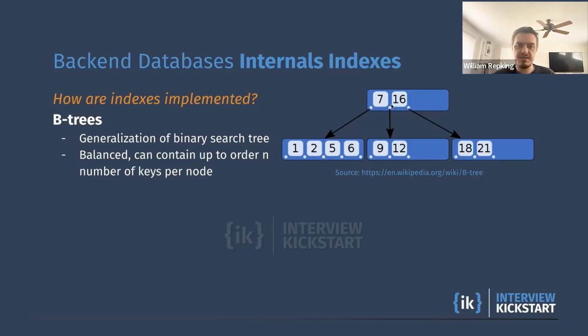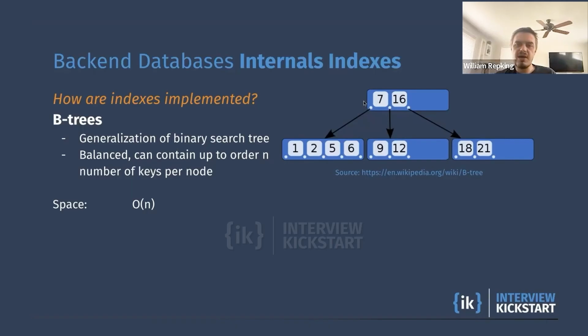It's not required that each node have the full order n number of keys. You could have 1, 2, 3, 4, 5 keys, and it would still be considered balanced.